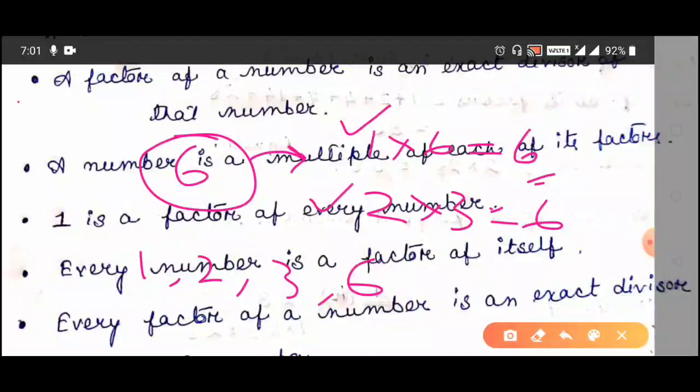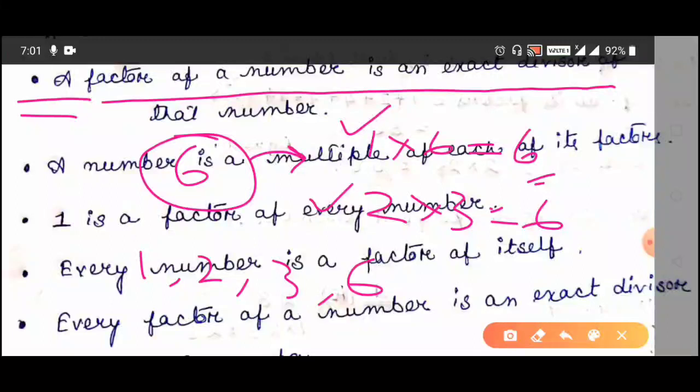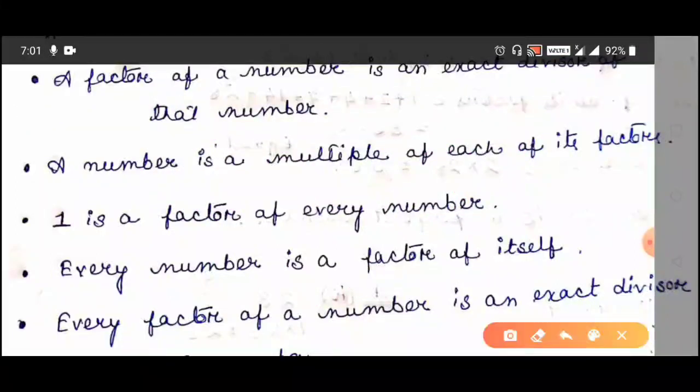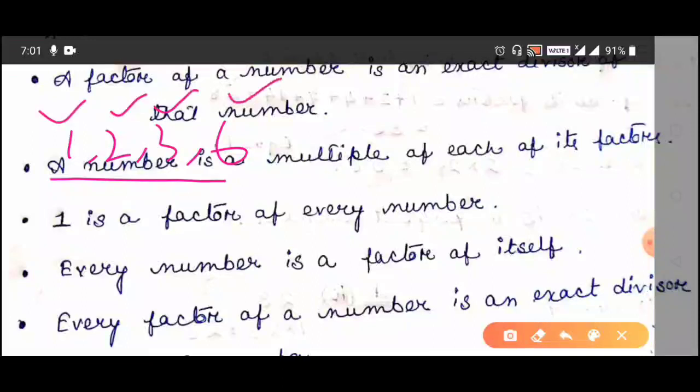Now here our point is a factor of a number is an exact divisor of that number. Since the factors of 6 are 1, 2, 3, 6, these four numbers will divide 6 exactly. That means it will not leave any remainder whenever we divide 6 by 1, by 2, by 3 and by 6.